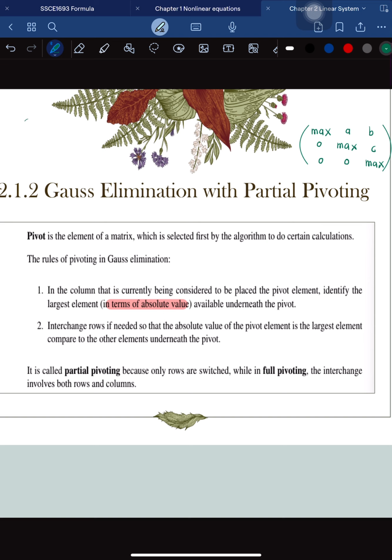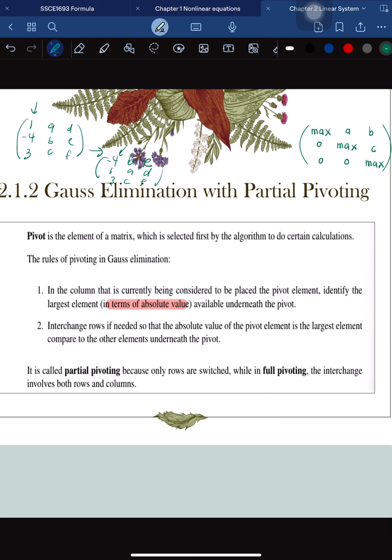For example, we have 1, -4, 3, and the other entries are A, B, C, D, E, F. If we compare this column, we have to change the row to -4 B E, 1 A D, 3 C F, because -4 will be the maximum number. Even though it's -4, in terms of the absolute value it will be 4.